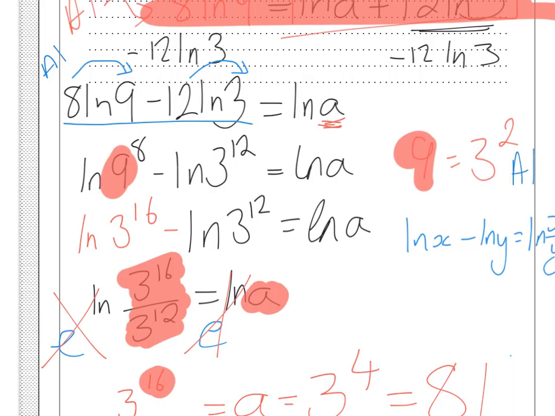One for using 9 is equal to 3 squared. Or you could have done it the other way around, and I could have written 3 to the 12 is the same as 9 to the 6. And I'd have ended up with the answer 9 squared is 81 if I'd done that. And then the last accuracy mark is for using this log law, ln x minus ln y.